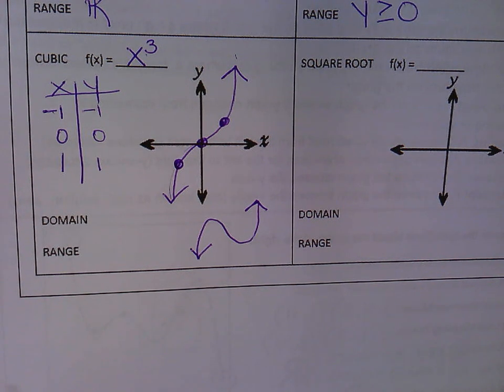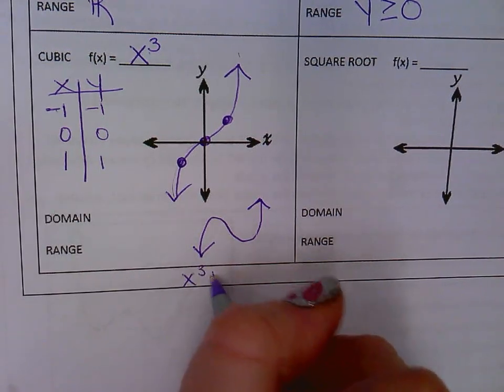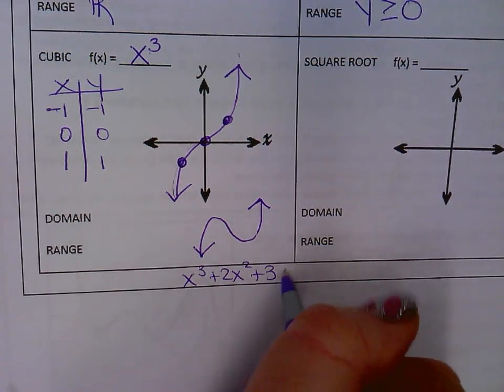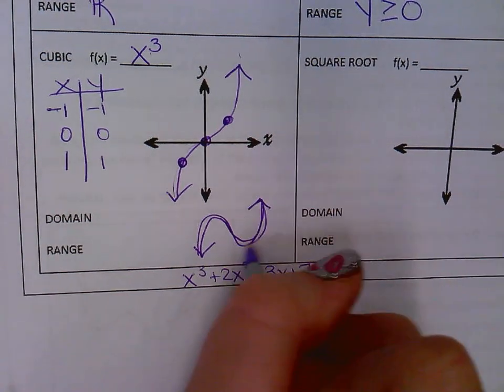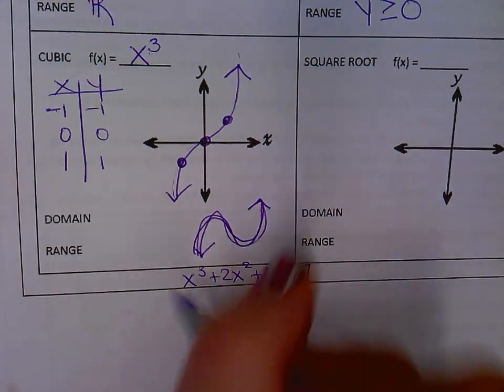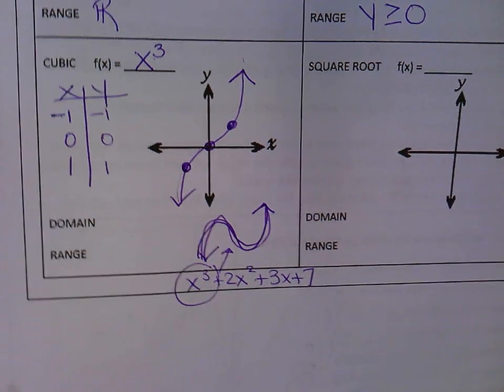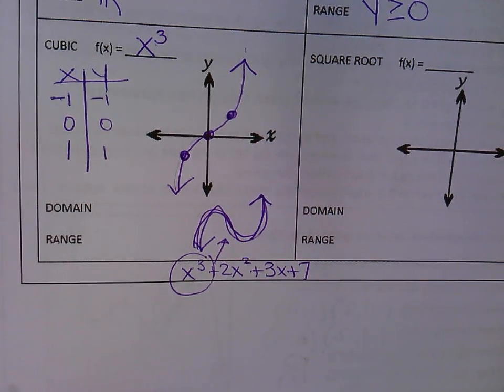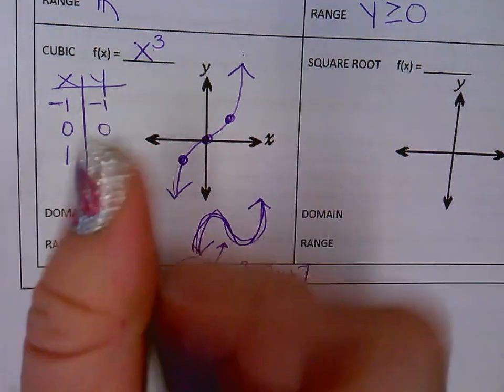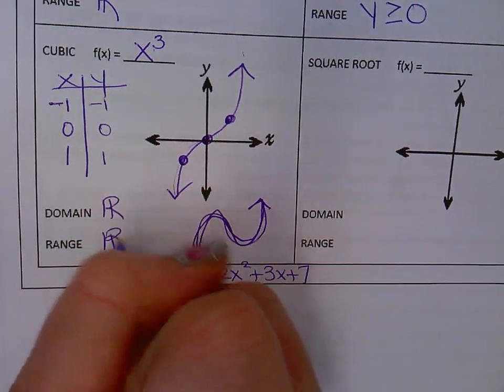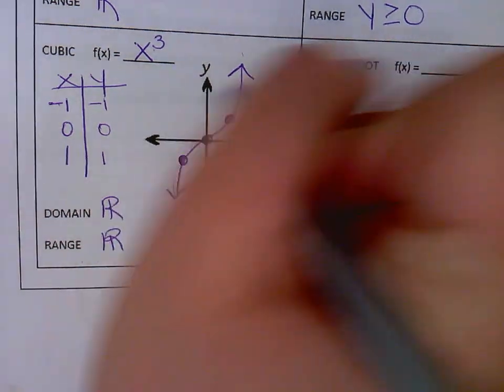Like this might be the function x cubed plus 2x squared plus 3x plus 7, and it has these exaggerated curves. It's still considered a cubic function. So then domain and range for this one is also all real numbers, because I have arrows that go up and down and side to side forever.